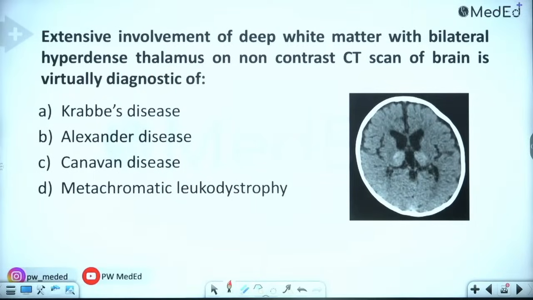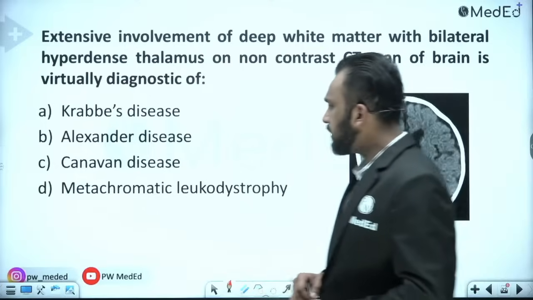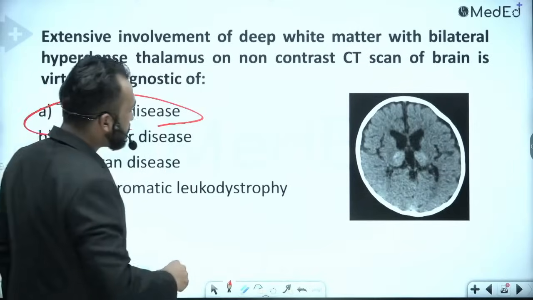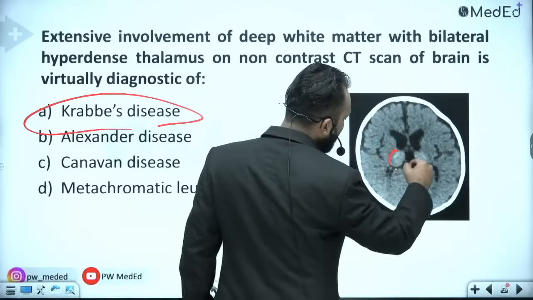Extensive involvement of deep white matter with bilateral hyperdense thalamus on non-contrast CT scan of the brain is virtually diagnostic of, very good, Shifana, Krabbe disease, in which you will see bilateral hyperdense thalamus.